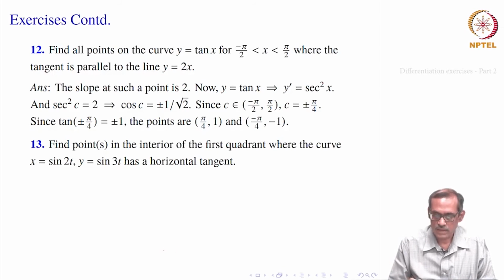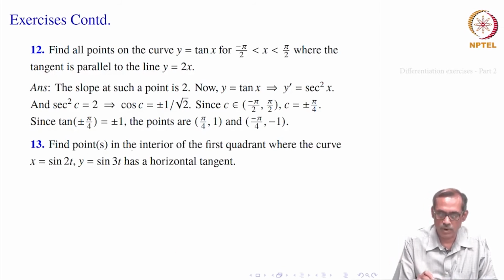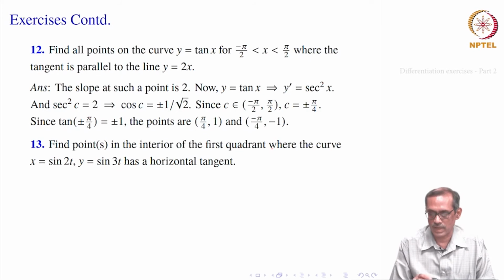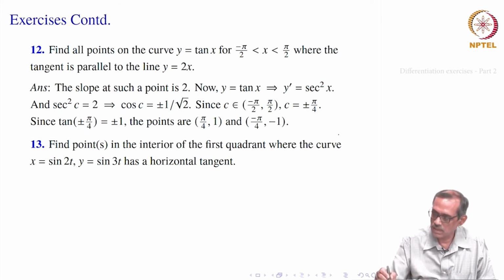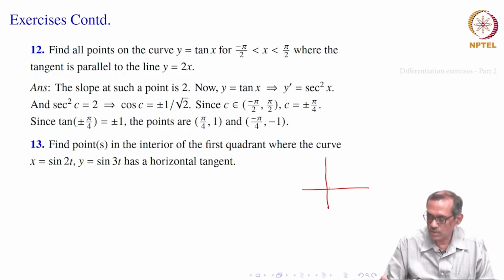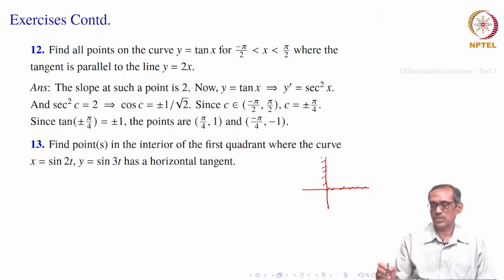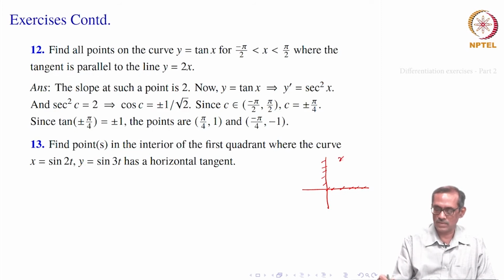So, here we are asked to find points in the interior of the first quadrant. What does it mean? First quadrant, it is the interior. So, these lines are excluded, right. So, x is greater than 0, y is greater than 0, that is what it says.